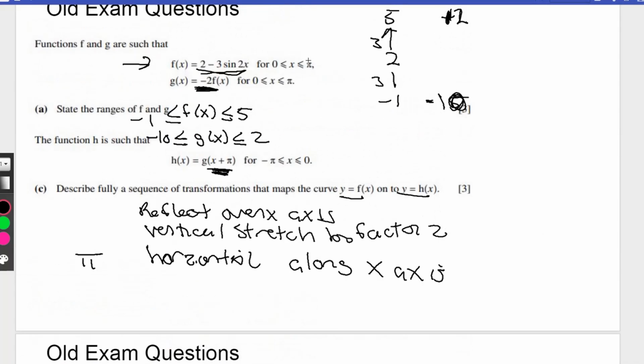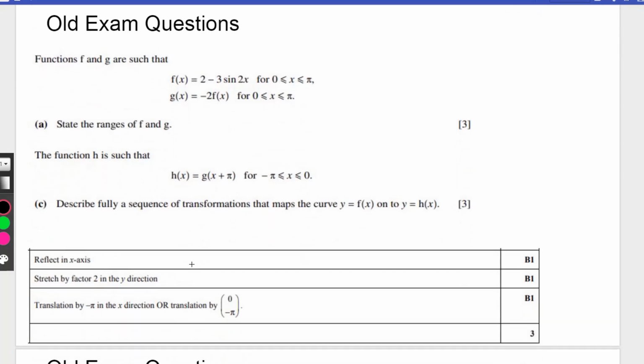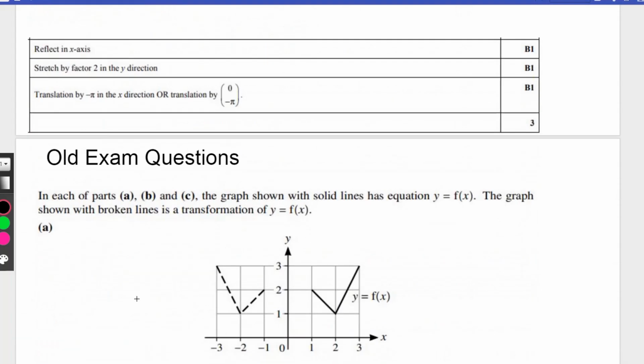Oh, you're right, it is negative pi, isn't it? Negative pi, right? Now, they got this backwards, I think, because left, right, up, down. But anyway, that's what's going on there.